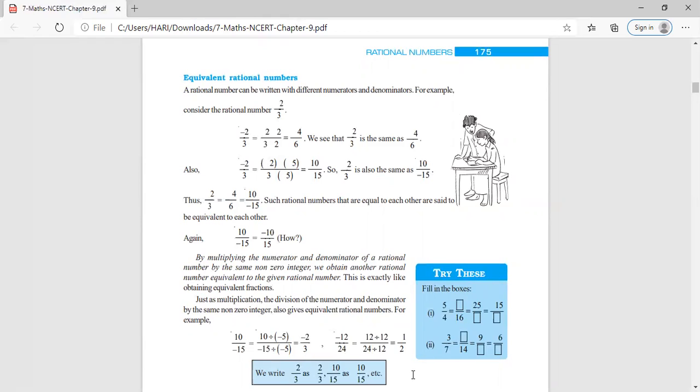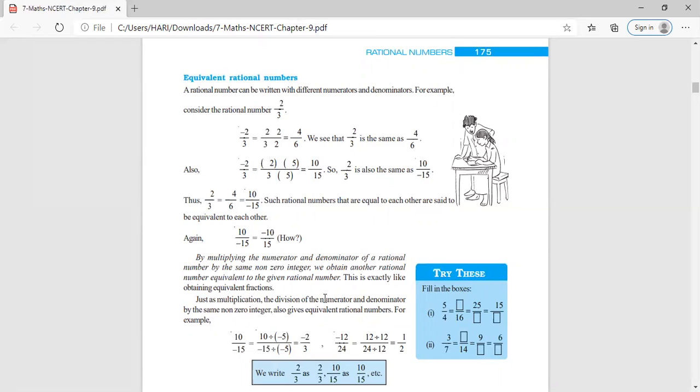And also we can divide both the numerator and denominator by the same positive integer. Then we will get the equivalent fraction. Similarly, for getting the equivalent rational number also, we have to multiply both the numerator and denominator by any non-zero integer. You can multiply either by a positive number or by a negative number.